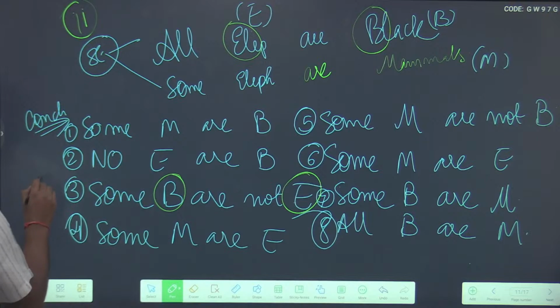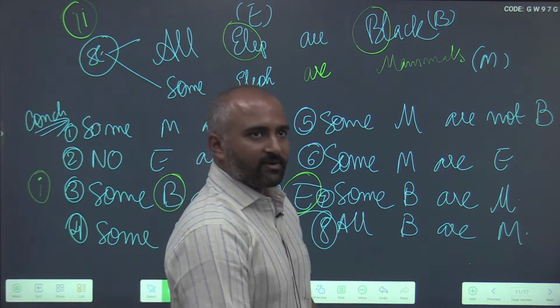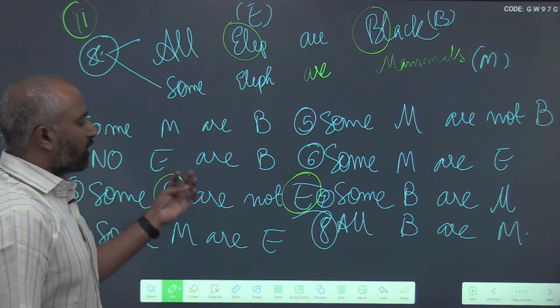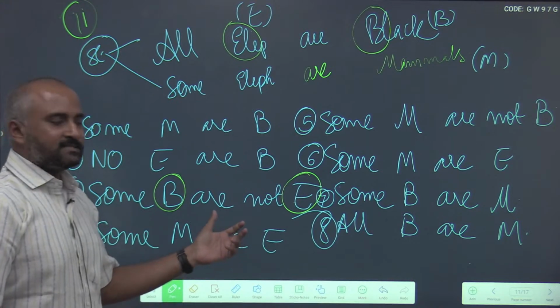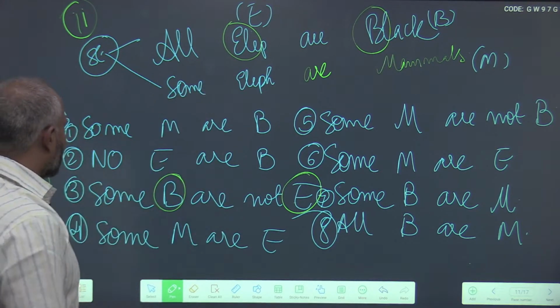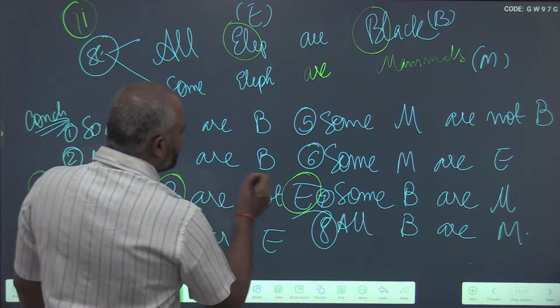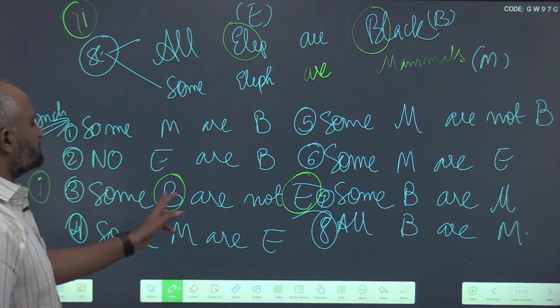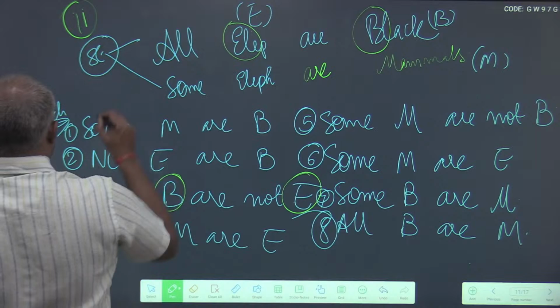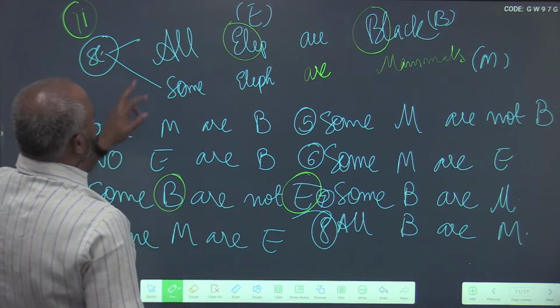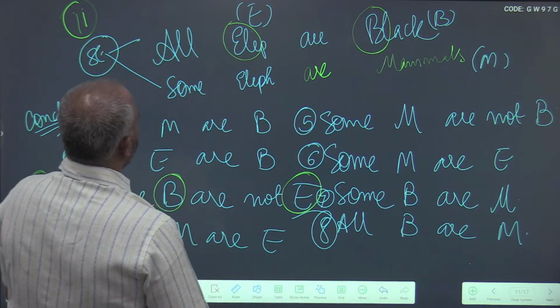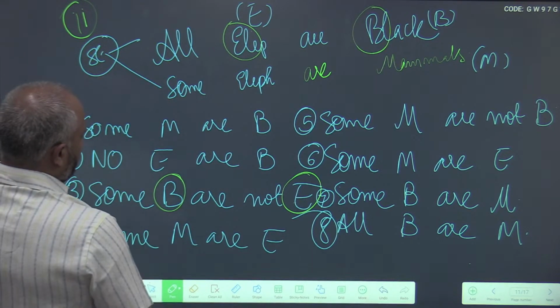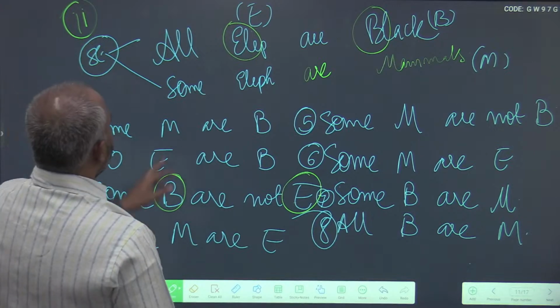So I will derive the conclusion from statement 1. You will always see the conclusion and go towards the statements. My conclusion has B and E related, so I will draw this conclusion from statement 1, since statement 1 has B and E in a relationship.